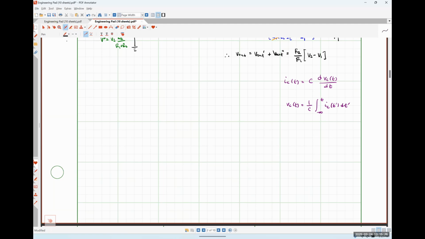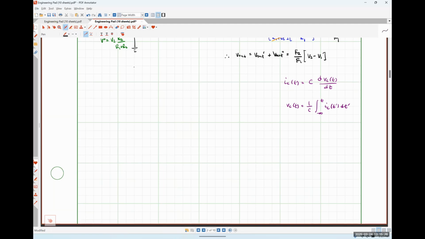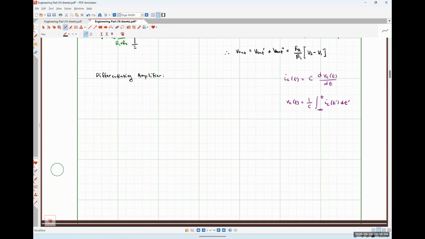So let's start with a situation, and I'm going to go out on a limb here and say that I'm talking about the differentiating amplifier first. If it turns out that I accidentally have it backwards, I'll wind up erasing that and saying it's an integrating amplifier, because I can never remember which one is which.